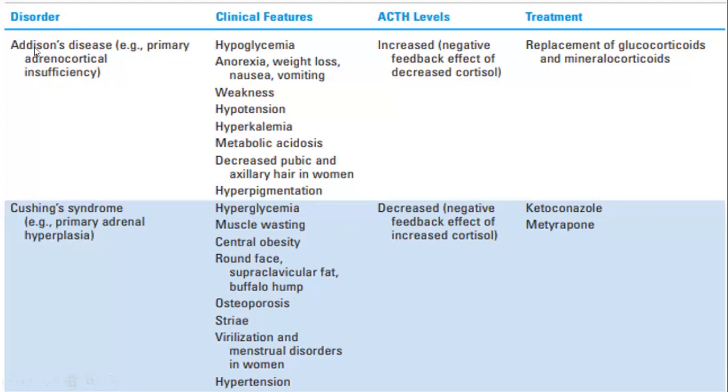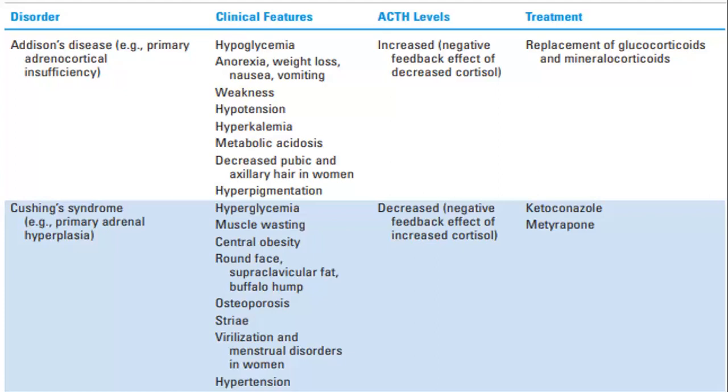Not shown here is what we call secondary adrenocortical insufficiency, which is caused by a deficiency of ACTH. So in the first place, there is nothing wrong with your adrenal cortex. What is wrong is that there is a deficiency in the production of your ACTH.